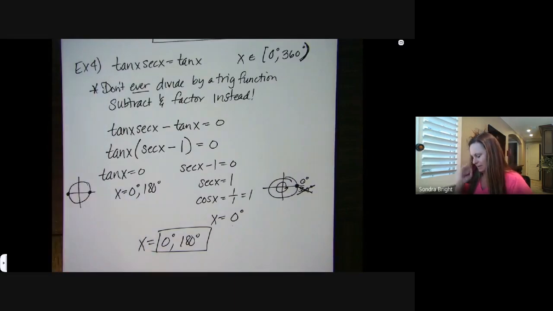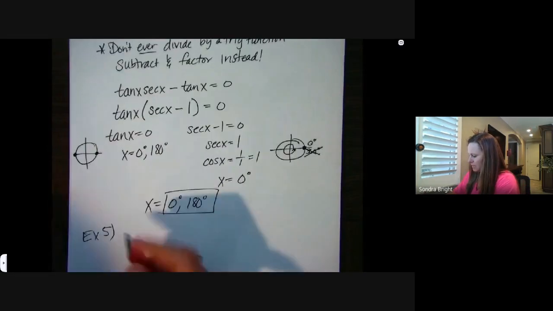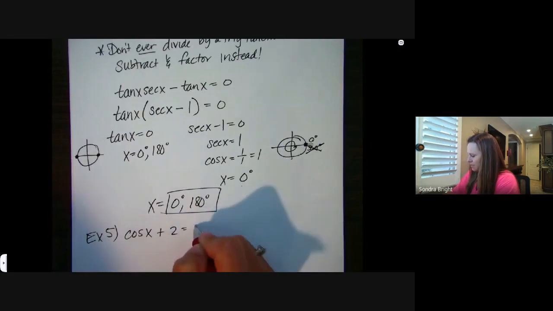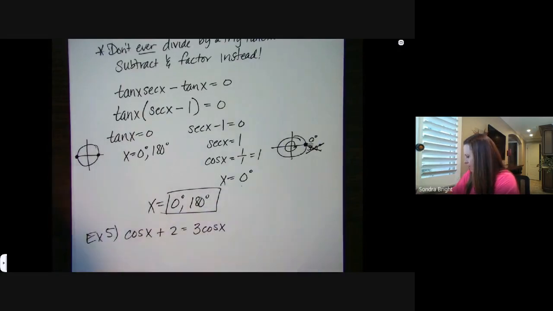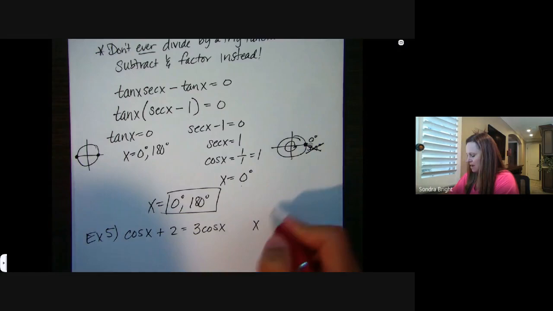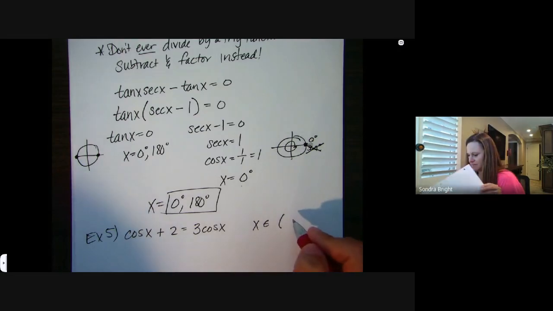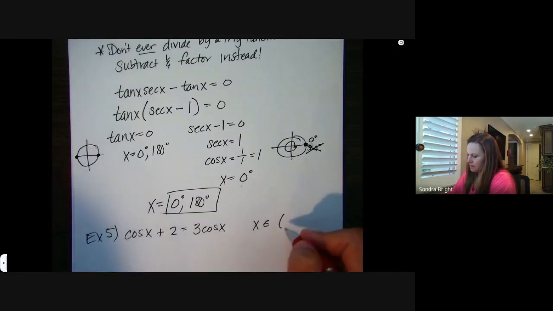Okay, let's do another one. How about cosine of x plus 2 equals 3 times cosine of x if x is in the domain of (0, 2 pi].